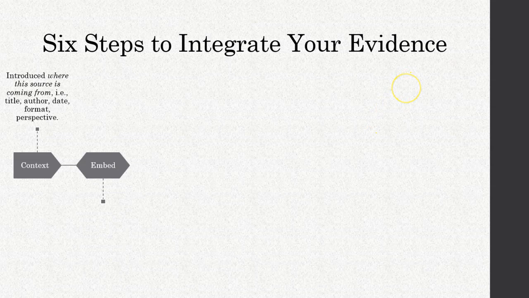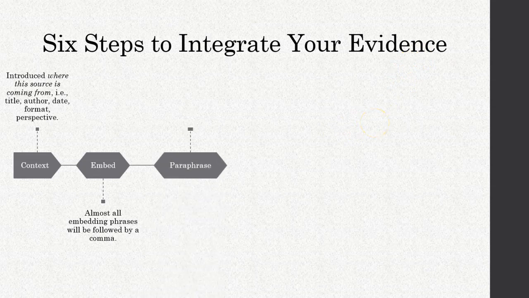Next, embed your quote into an embedding phrase. You could recall from the textbook, these would be templates for introducing your quotations so that you don't become a hit and run quoter, usually followed by a comma. And then next you will want to paraphrase the meaning.